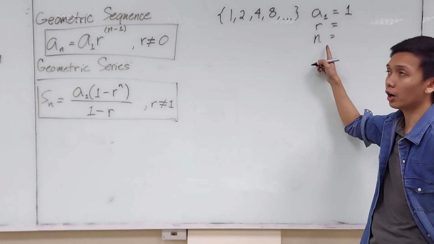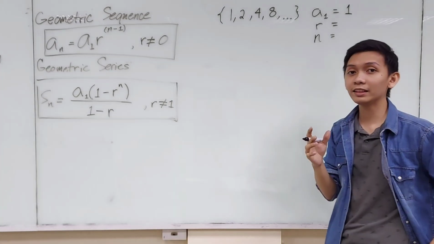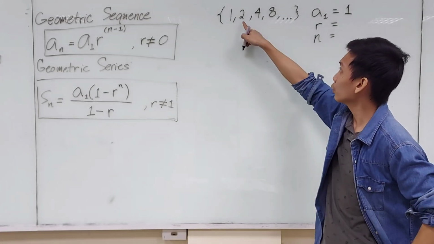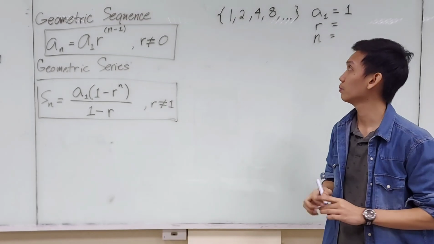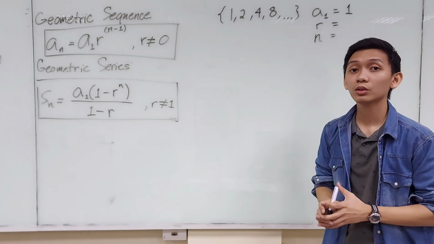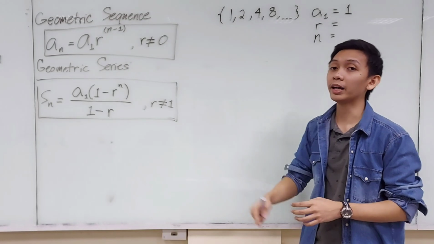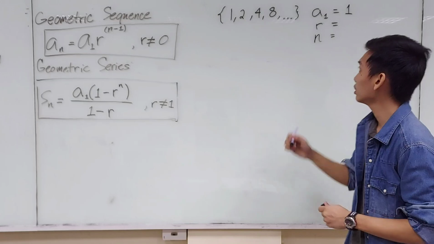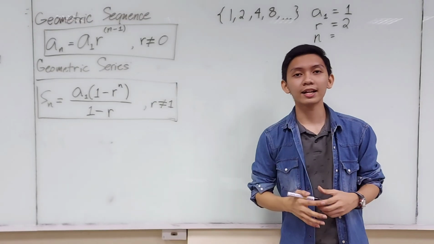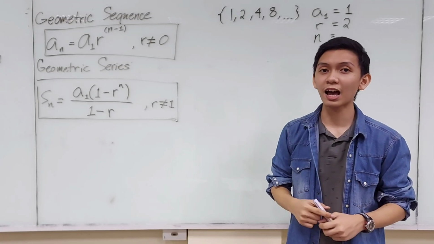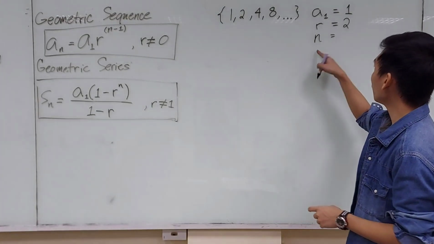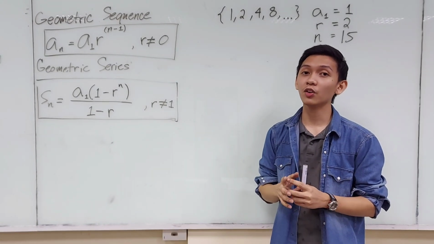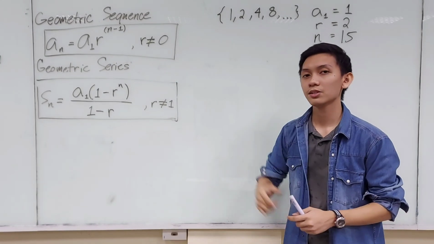Now, finding the value of r, we have to find the common ratio by dividing the consecutive terms. 2 divided by 1 is 2. 4 divided by 2 is 2, as well as 8 divided by 4. Now, we all know that the value of r, or the common ratio, is 2. Since we are asked to find the total amount of extra bonus after 15 years, the value of n is 15. That means we are asked to find the value of the 15th term in this sequence.